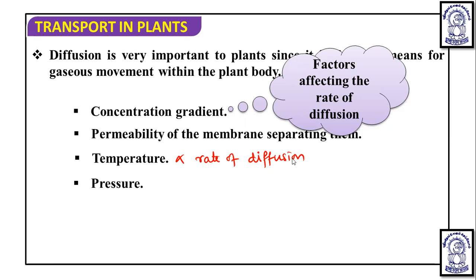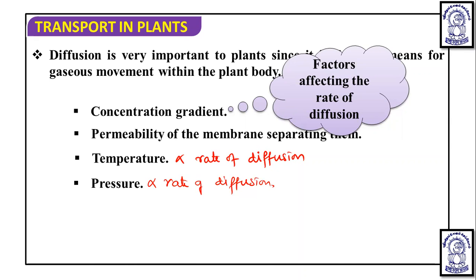Then pressure is there. If we talk about pressure, then the rate of diffusion is directly proportional to the gradient of diffusion pressure. So pressure is also directly proportional to the rate of diffusion.